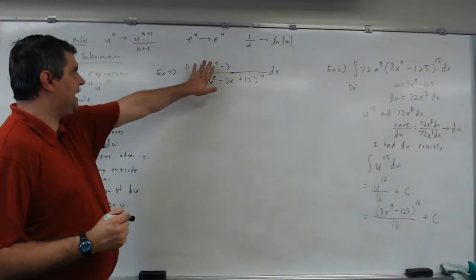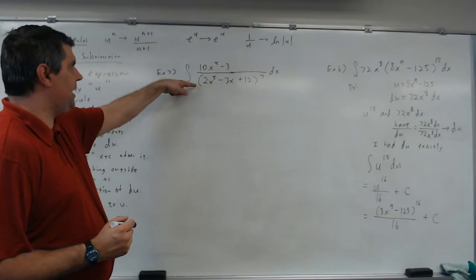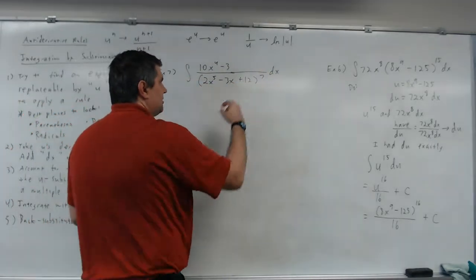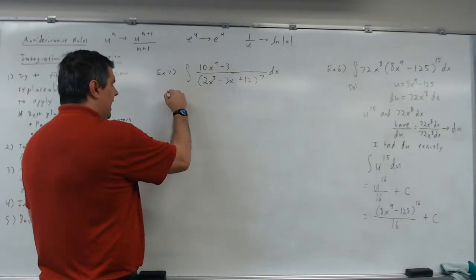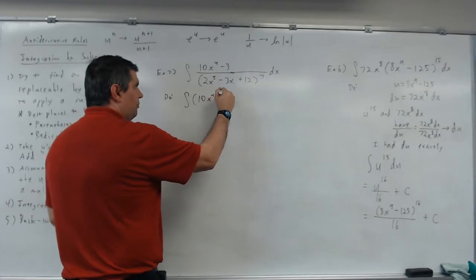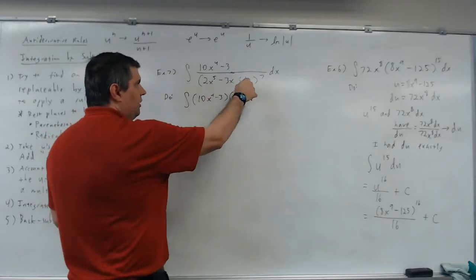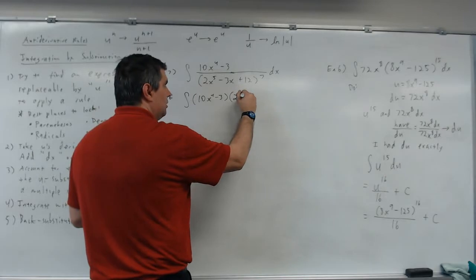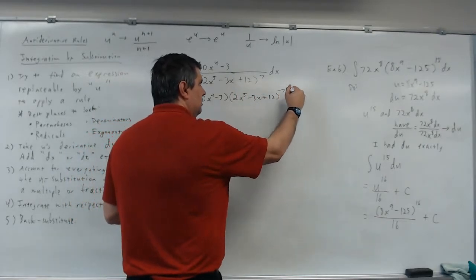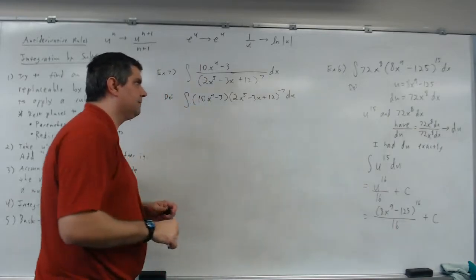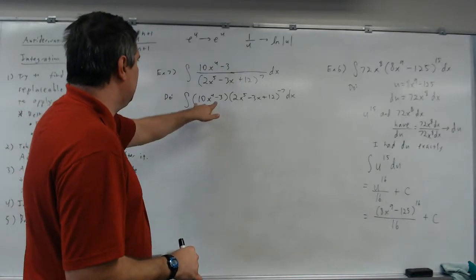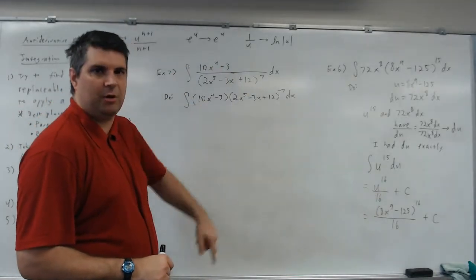Example 7 is 10x to the 4th minus 3 over 2x to the 5th minus 3x plus 12 to the 7th dx. So this can be rewritten as the integral of 10x to the 4th minus 3 times all this to the negative 7th power. This times the denominator is a negative exponent.